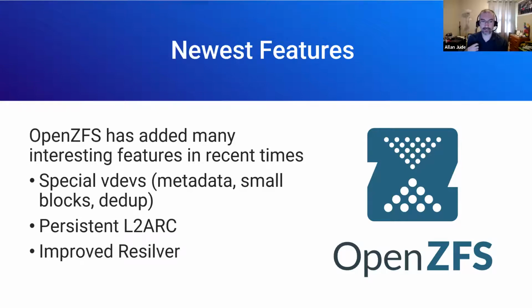And then we'll be talking about some of the improvements to resilver and how those can speed up the recovery of your system, as well as the new sequential rebuild feature, which, depending on your pool layout, can actually make the resilver process be replaced by a rebuild process, which is much quicker.